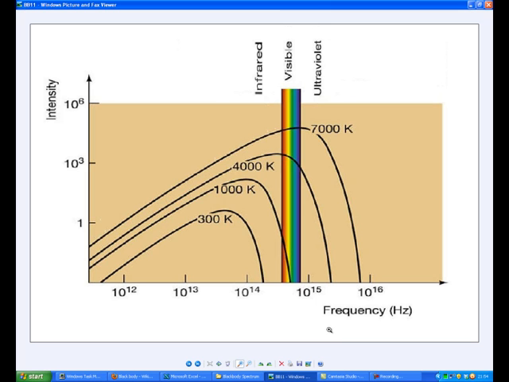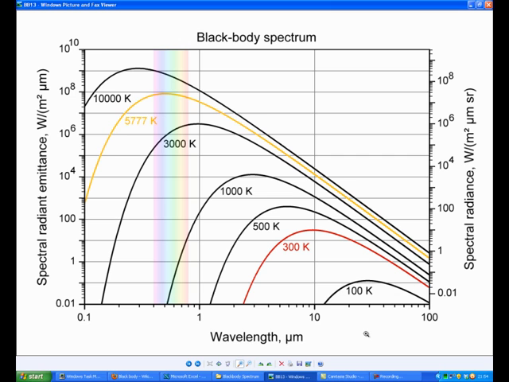Okay, let's have a look at another example. Instead of using frequency, using wavelength. So this is a very similar type of graph, but it's the other way around, of course, and we're using wavelength. Notice here we are also showing the visible spectrum, but this time it's on the wavelength axis.